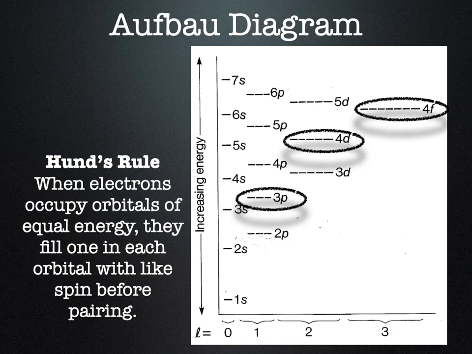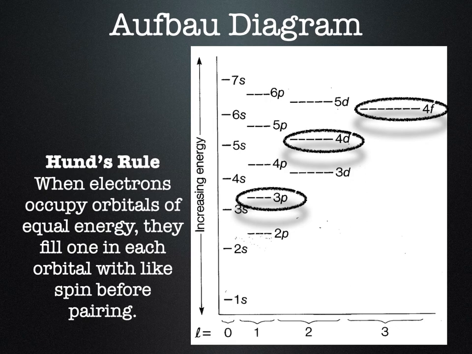Again, the electrons are just arranging themselves in the lowest possible energy arrangement that they can. One of the things that generally in science translates to low energy is symmetry. There's better symmetry for having one electron in each orbital rather than, say, two electrons in an orbital and no electrons in the other two orbitals, or two electrons in one, two in a second, and zero in a third.